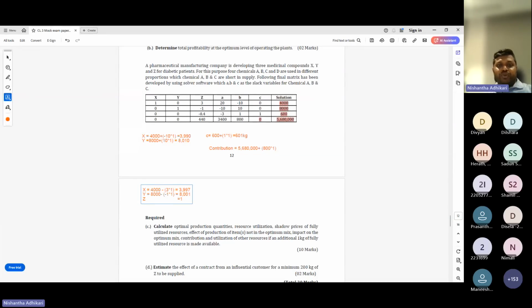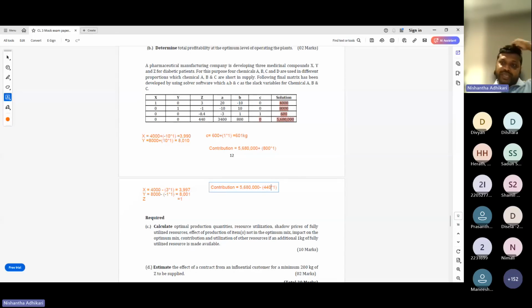Now, if you work it out, your total contribution will reduce by 440. Therefore, your contribution will be 5,680, and here it is a minus effect. Minus effect again, minus 440 into 1.